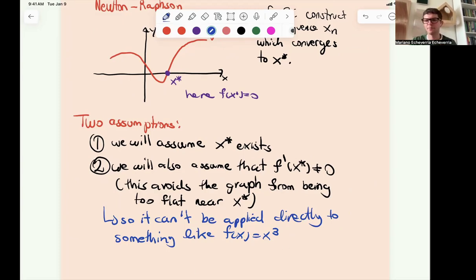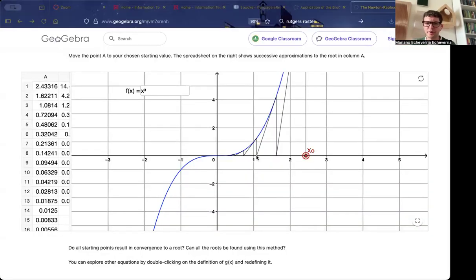Okay, so let me go back to the animation for a moment to show you what's happening here. Can everyone see GeoGebra?